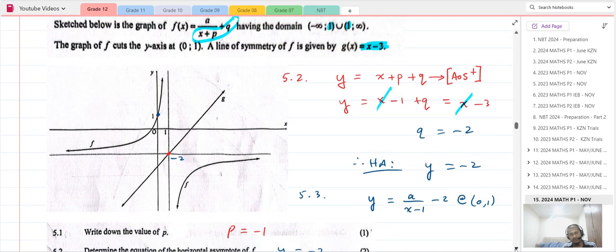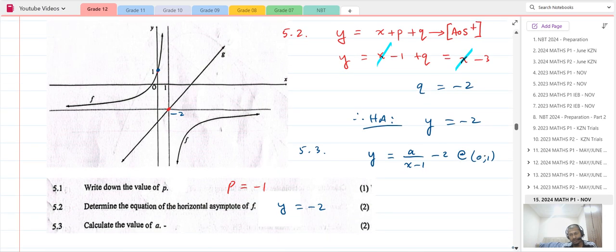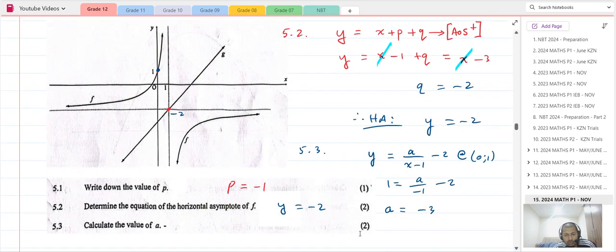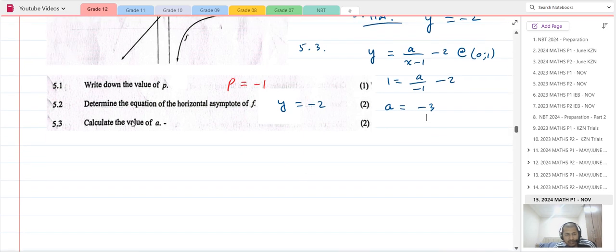Now substituting the point 0, 1, 1 is equal to a over negative 1 minus 2. So we can just take this a over, becomes positive a, bring the 1 over, the value of a is negative 3. That's what we expected the value of a to be, which is negative. So the value of a is negative 3. So now we got a, p and q. Problem sorted.